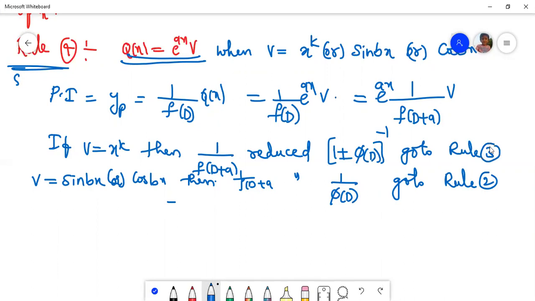But in rule 4, for the product of e power ax into v, where v is any other function, after taking out the exponential, you write the left side function of D with D immediately replaced with D plus a. So this is rule 4.